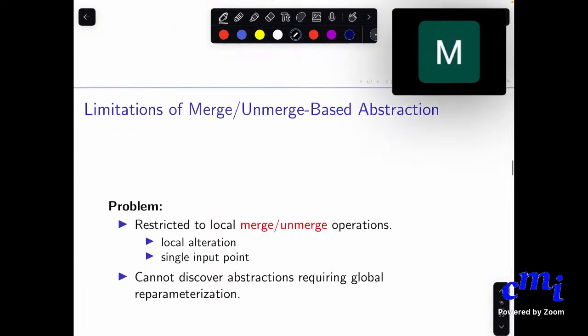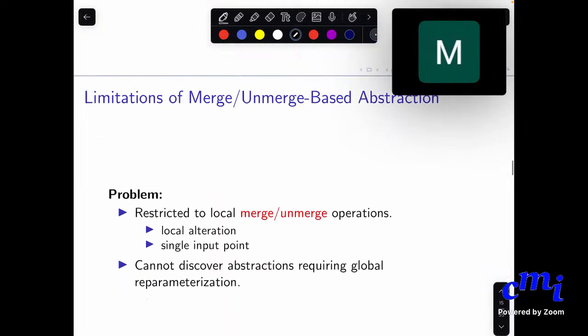Yeah. So the limitation of merge-unmerge based abstraction is that this is restricted to local alteration. Given one input point, when you feed it to the neural network, that might result in a spurious counterexample.